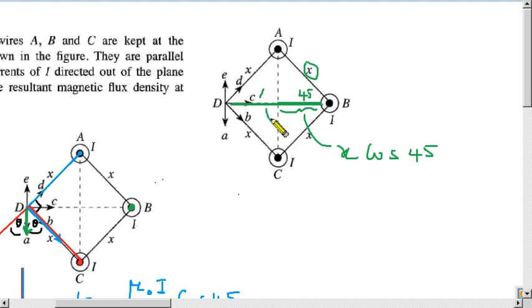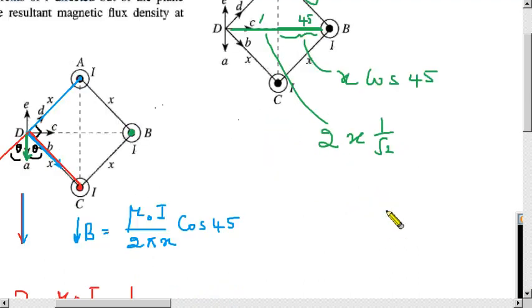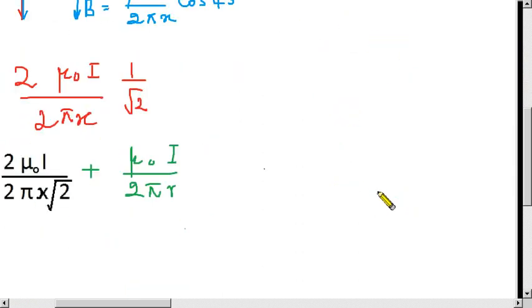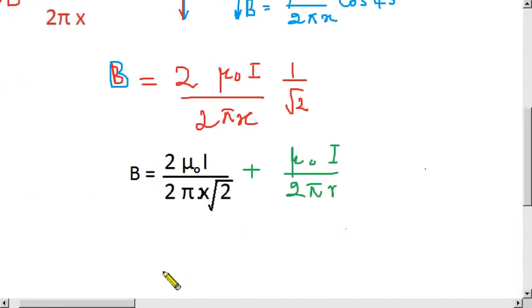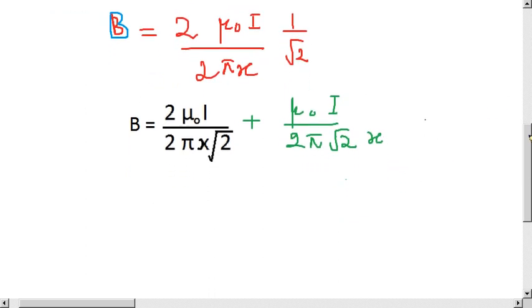So the final total length is 2 times x cos 45, and cos 45 means 1 over root 2. Then we can write root 2 here instead of 2, and root 2 cancels. So we get root 2 x as the distance. Instead of this r, we have to write root 2 times x.